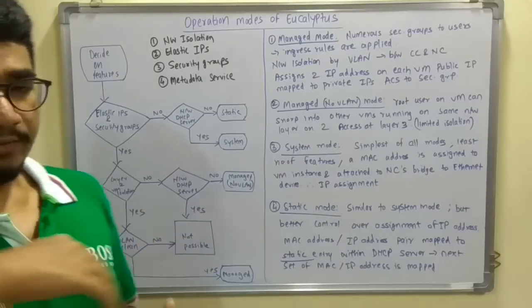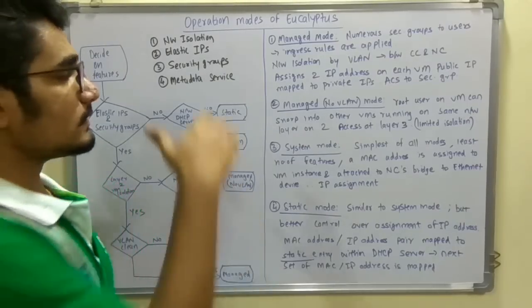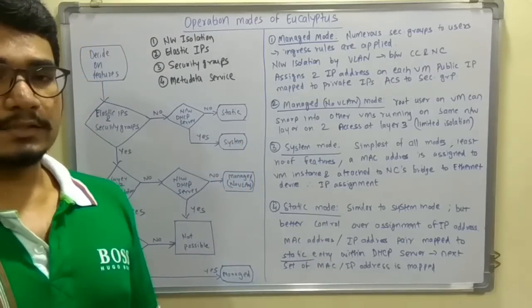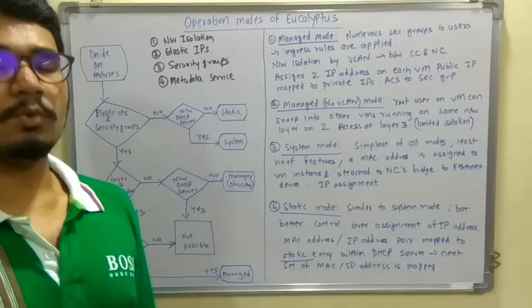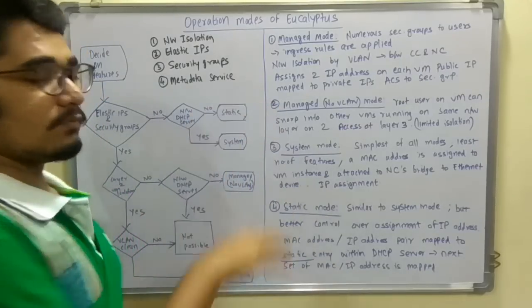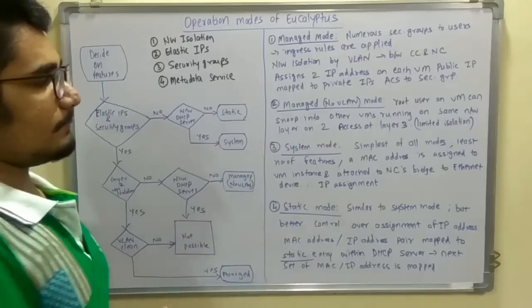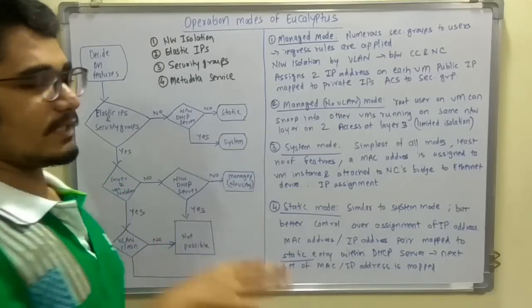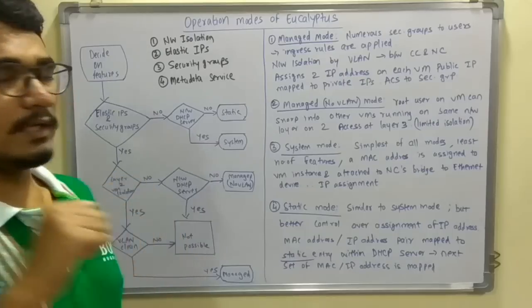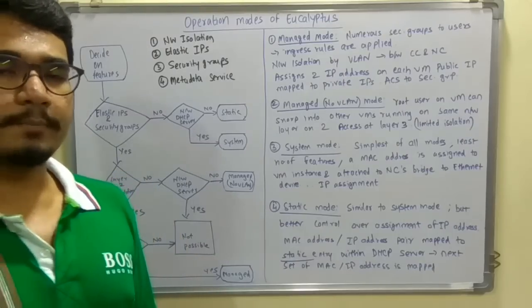Likewise you have another mode, managed no VLAN mode, but in this mode there is no VLAN mechanism. That is, you don't have any kind of network isolation. Eucalyptus is designed in such a way that no VLAN mechanism is there.